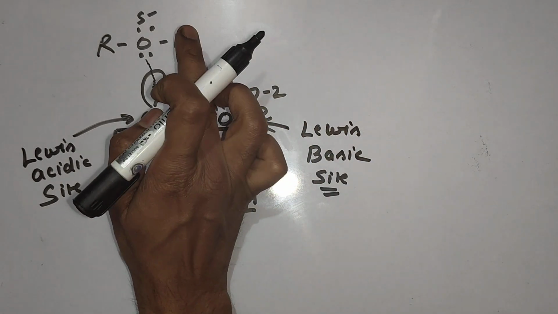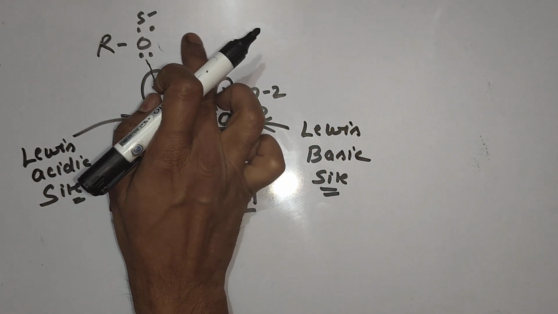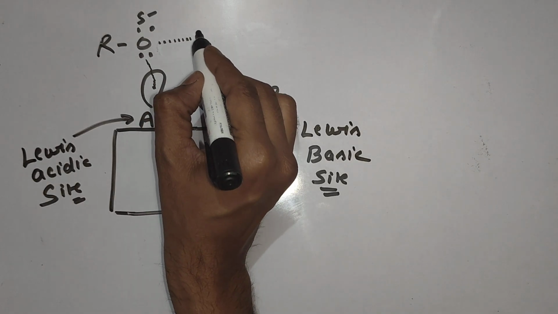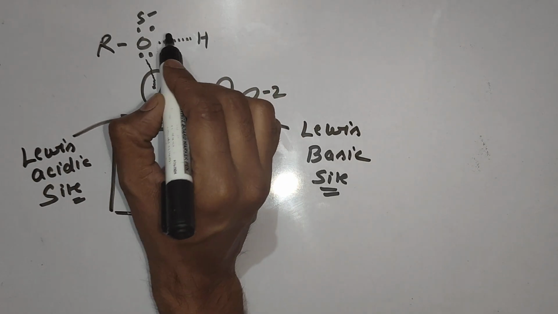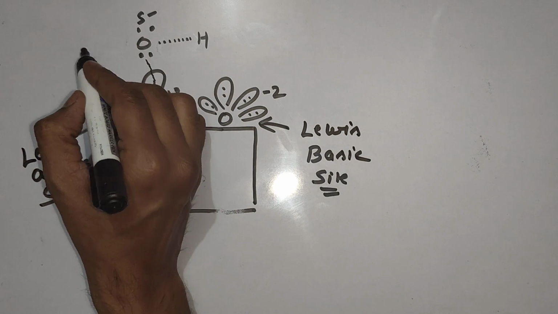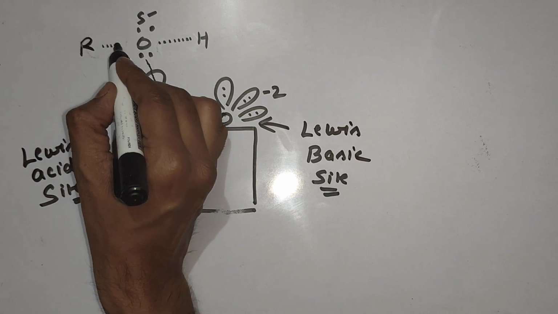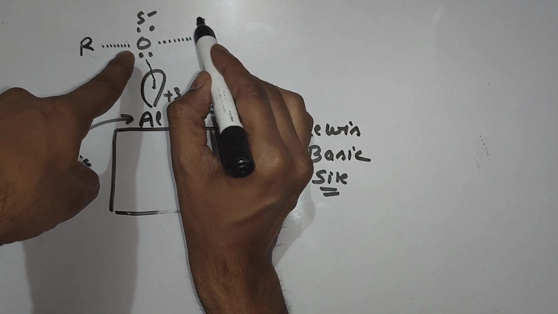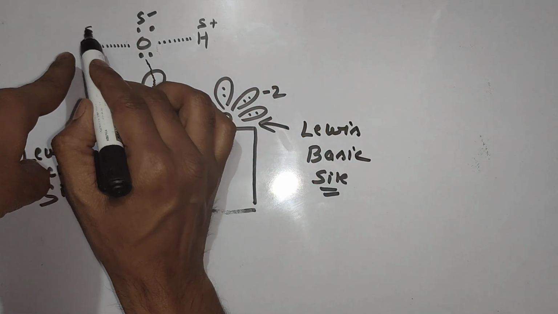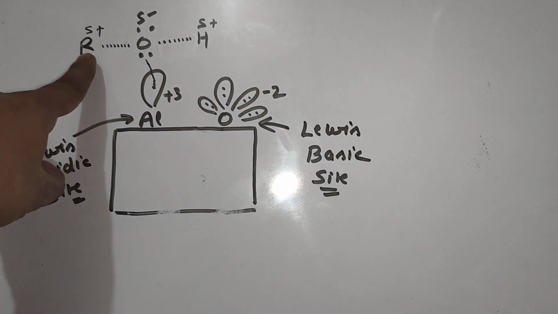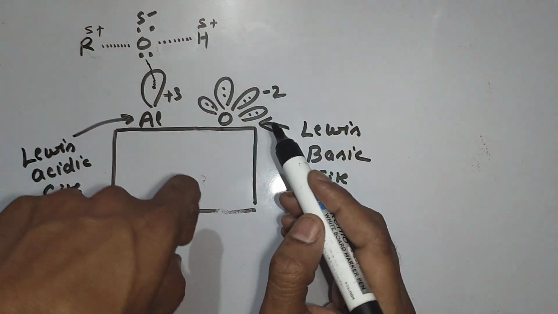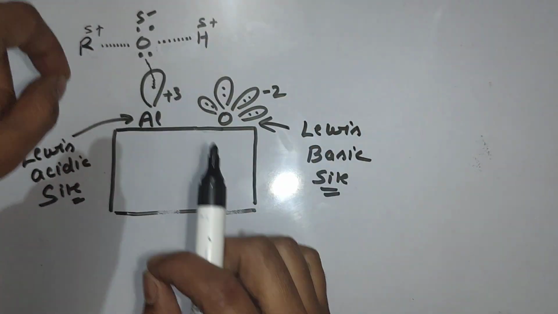Due to which the bond between oxygen and hydrogen will become weak, as well as the bond between carbon and oxygen. This is positively charged, this is also positively charged, because its electrons are toward oxygen. But which will have more positive charge?